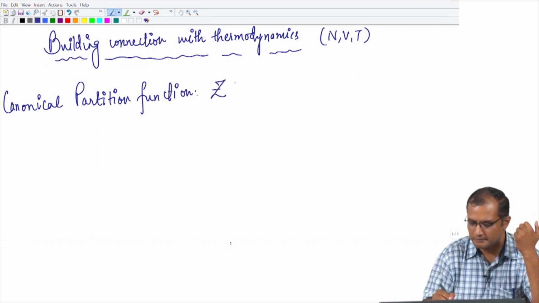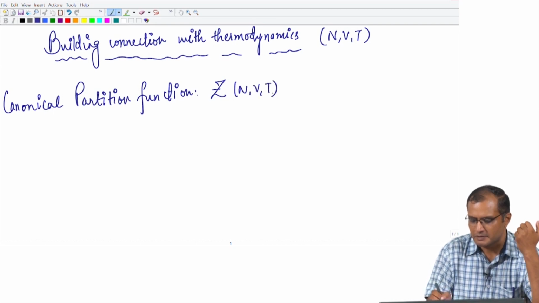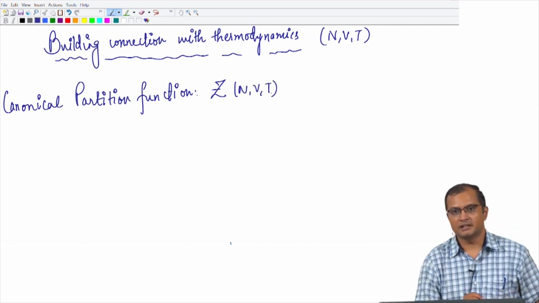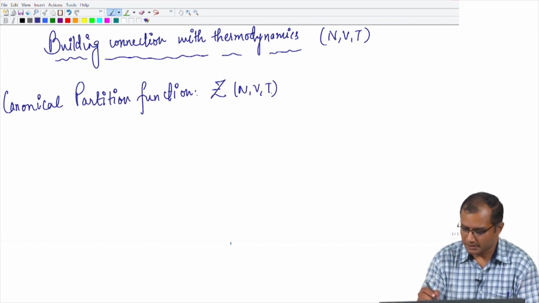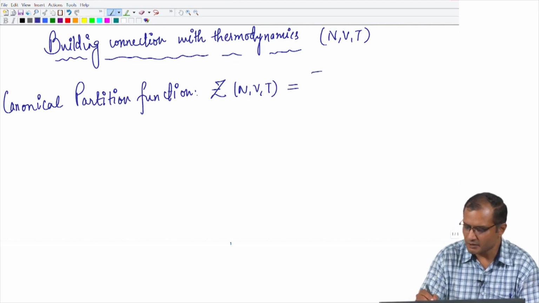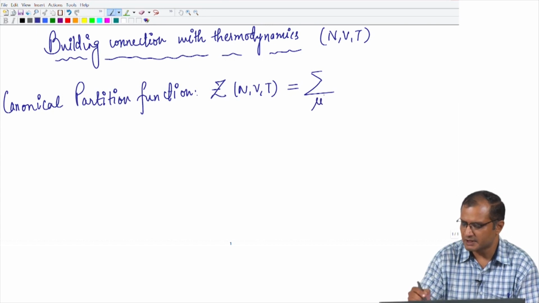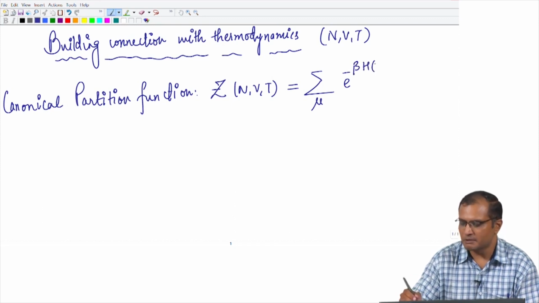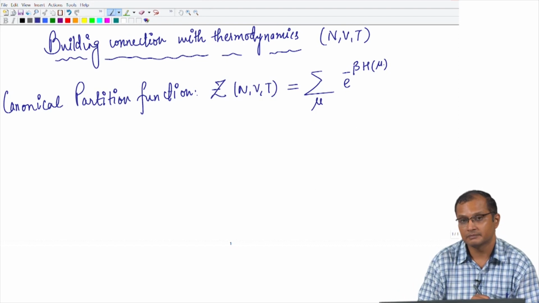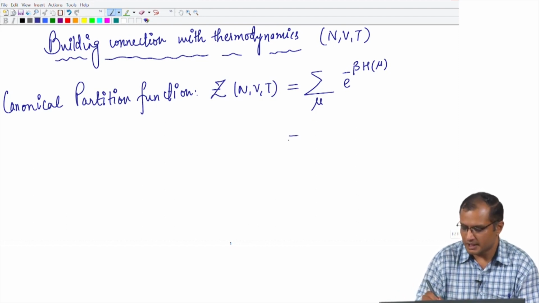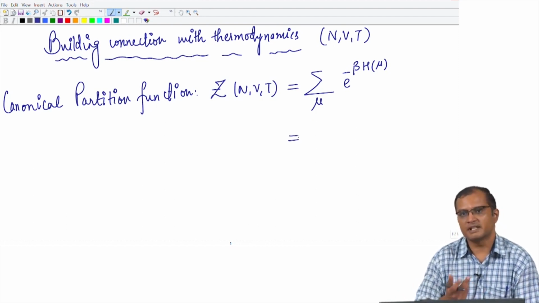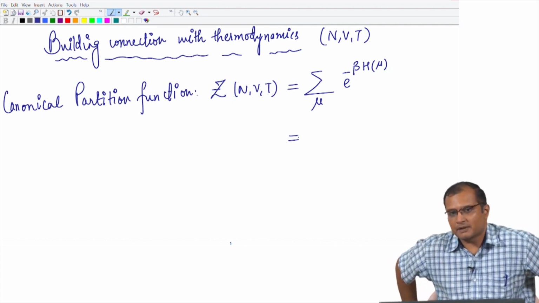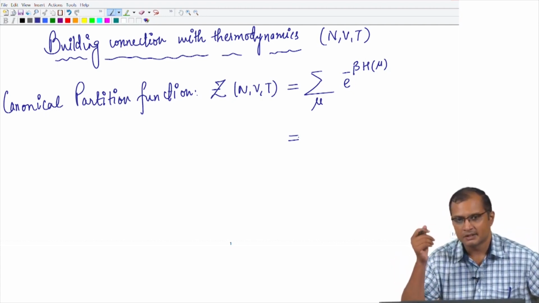As the macro state is NVT, thermodynamic macro state, we got the expression for the partition function as summation over all the micro states e to the power minus beta H, which is the Hamiltonian of the micro state. But we said that we are interested in a representation in terms of energy, not microstates, because there are many microstates which may have the same energy, so called degenerate microstates.